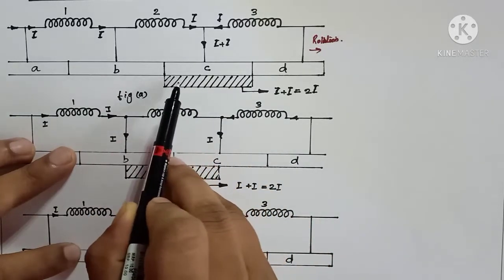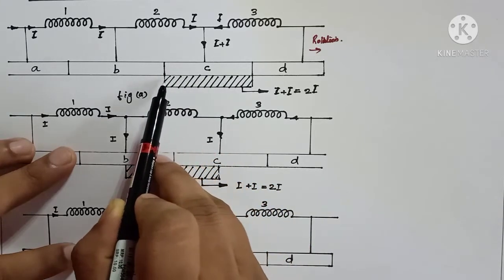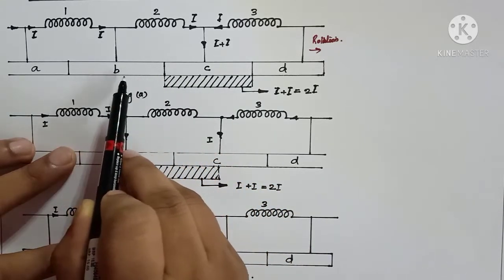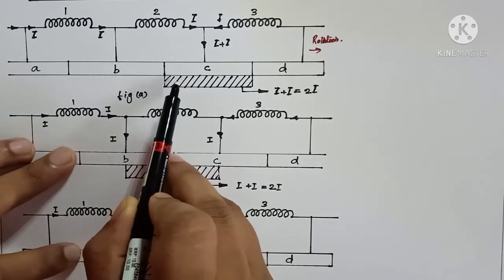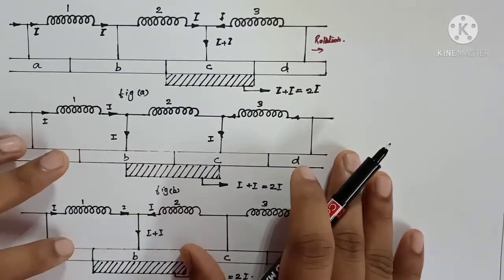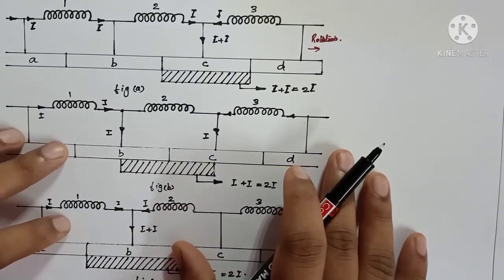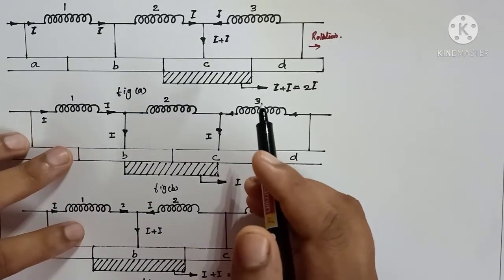That means the contact area of the commutator segment C will decrease, and the contact area of the next segment B will increase. So the total time required for this process is known as the commutation period or short circuit period.